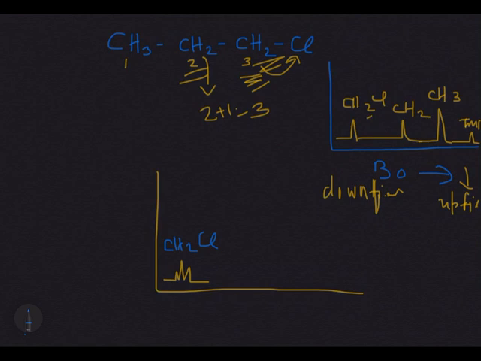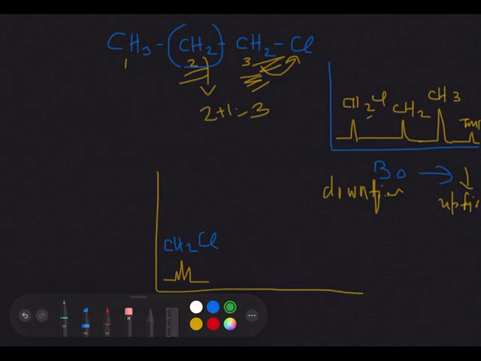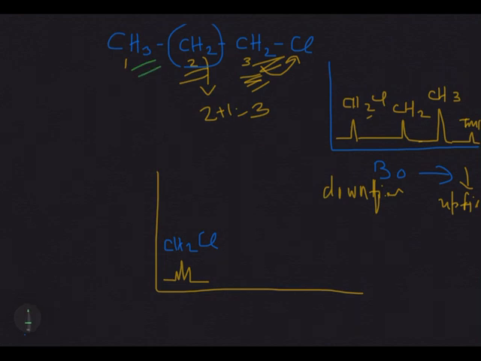Next, we have the signal for the middle CH2, and adjacent to the middle CH2, there are 3 plus 2, 5 protons. The middle CH2 signal splits into 5 plus 1, which is equal to 6, according to Pascal's triangle, or by the n plus 1 rule.